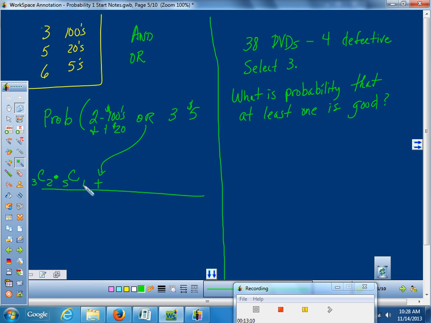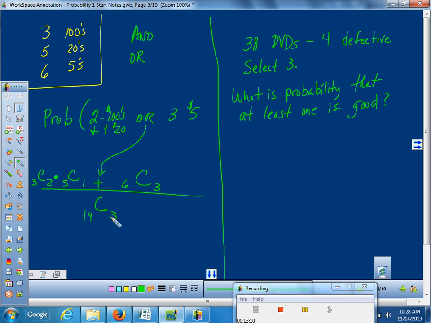Or, so then add. 3 $5 bills, so that's a separate one. Now, how many 5s are there? 6 total, and we're only going to use 3 of them. Then grand total, there's still 14 total bills, and you're still only taking 3.